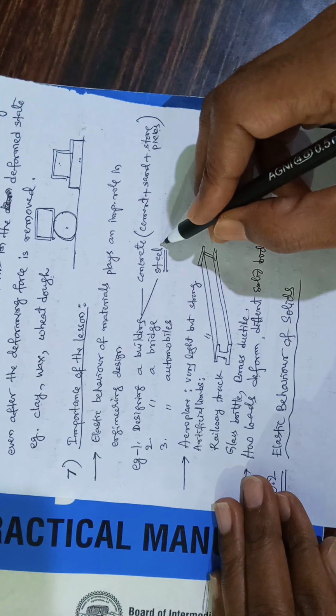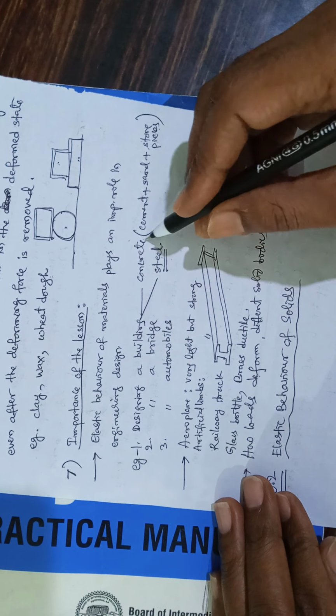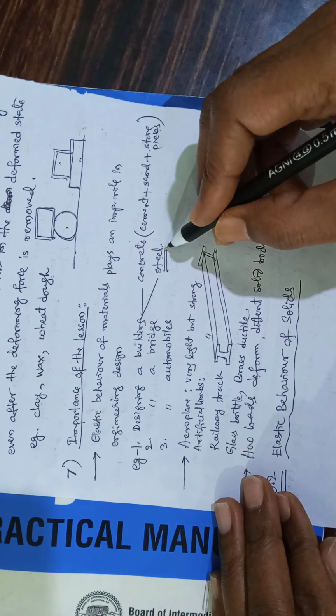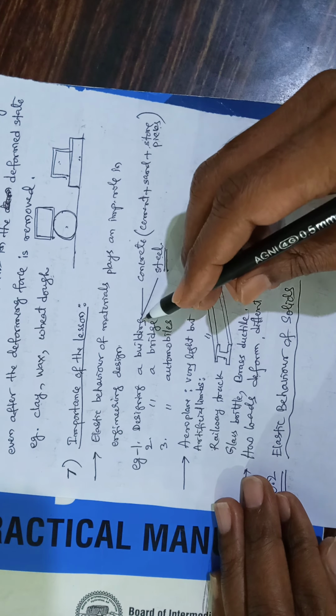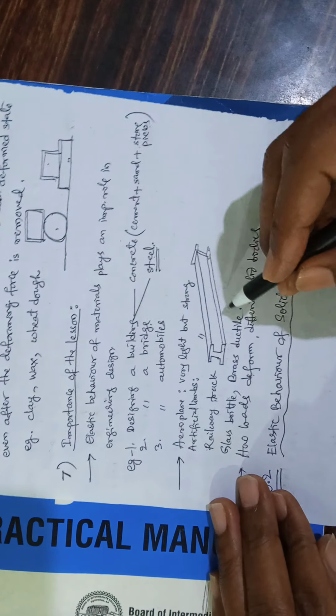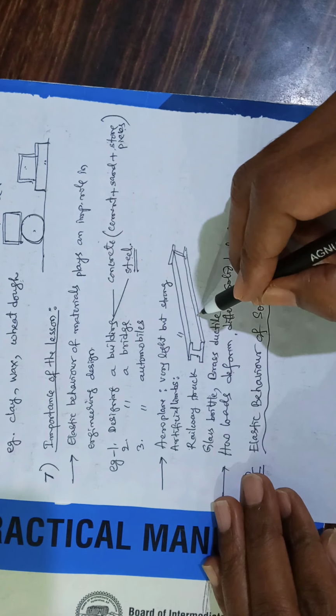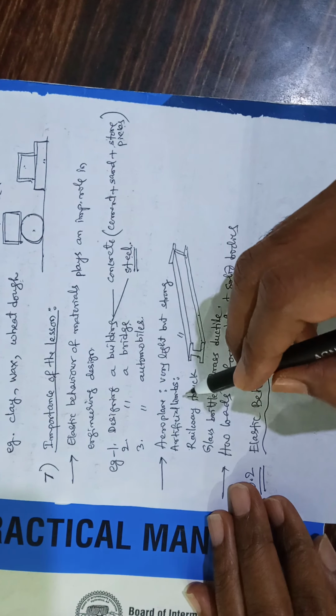So in this way, the elastic behavior of concrete and steel is to be studied, either to construct a building or a bridge, or to lay railway track, or to construct automobiles.